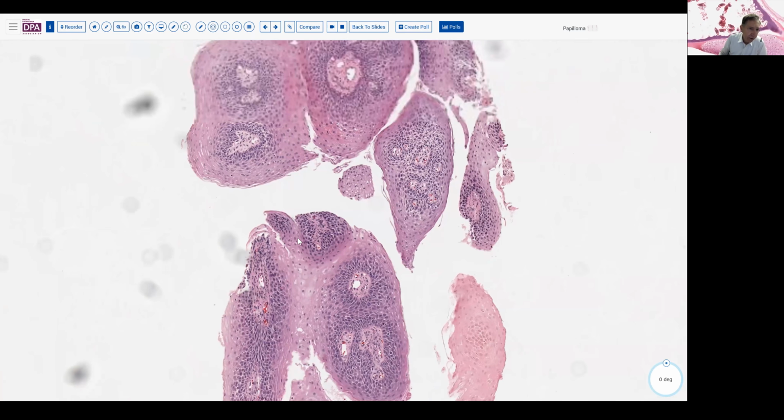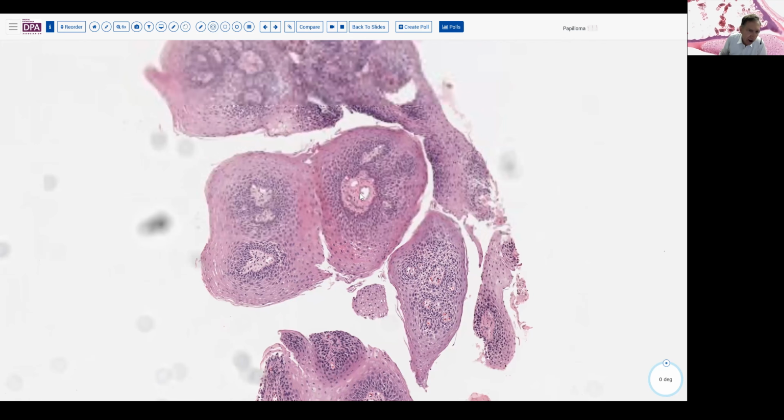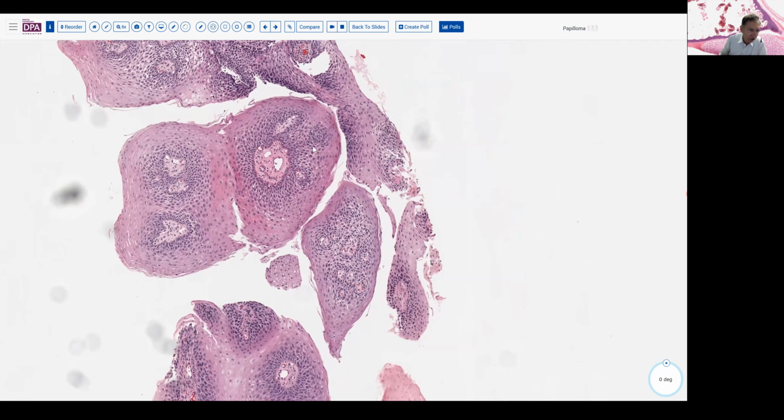And so with that distinction, I would resist calling this a vulvar intraepithelial neoplasia grade 1 or a condyloma, which I think are essentially equivalent terms in most situations these days. But I would prefer that we just call this a fibroepithelial polyp or a squamous papilloma because it does not have any of that viral cytopathic change.